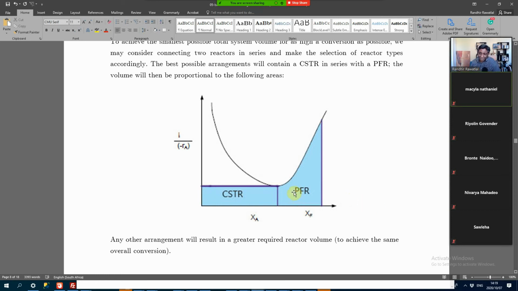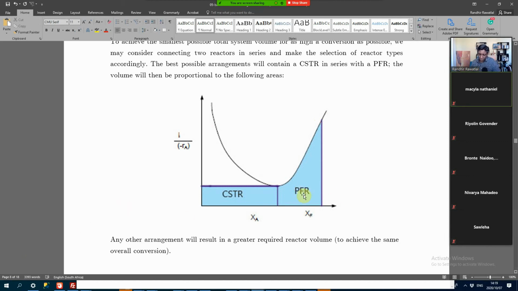But anyway, if you've got your PFR, you'll say that beyond this point, the area under the curve is going to be less than the product. So if you imagine taking a point here, the product then would have all this wasted space. So on this side of it, your integral type reactors are better.